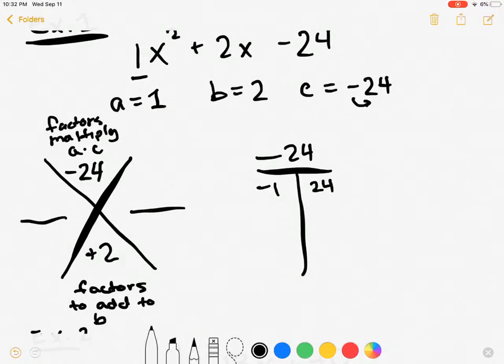Then we can continue finding other factor pairs. Negative 2 and 12 is another good pair. Negative 3 and 8 will get you negative 24 if you multiply those two together. And then negative 4 and 6 are also a good factor pair.